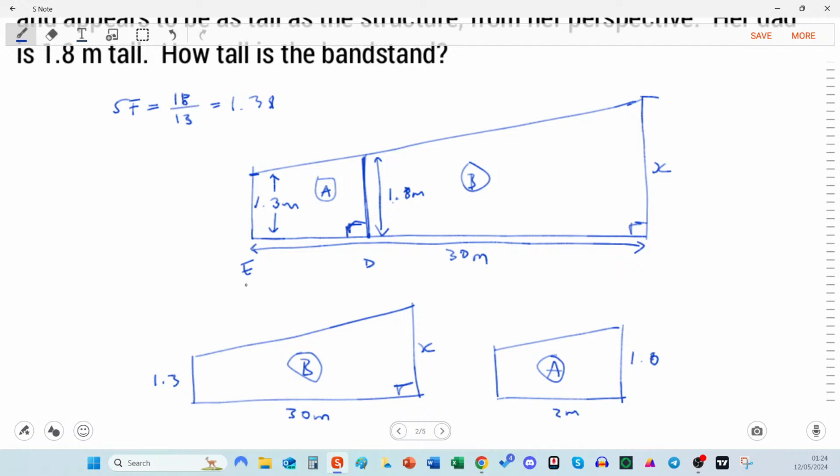So if it's gone that amount in 2 meters, how many 2 meters have we got further on? It's some sort of scale, isn't it? So we've gone up 1.38. If that's the conversion in 2, we're going to keep doing that until we get to 30. So let's think about a formal way of writing this.